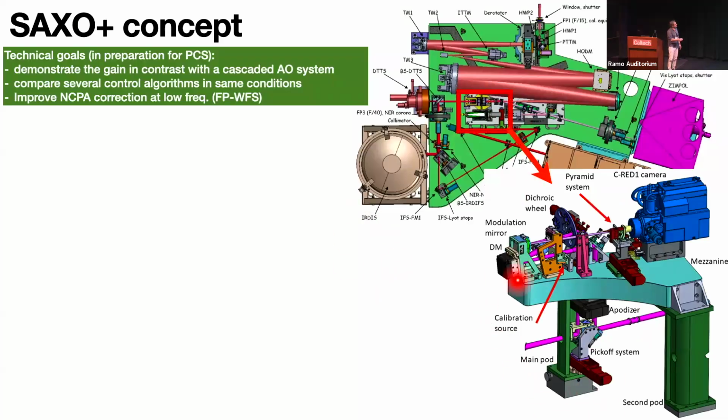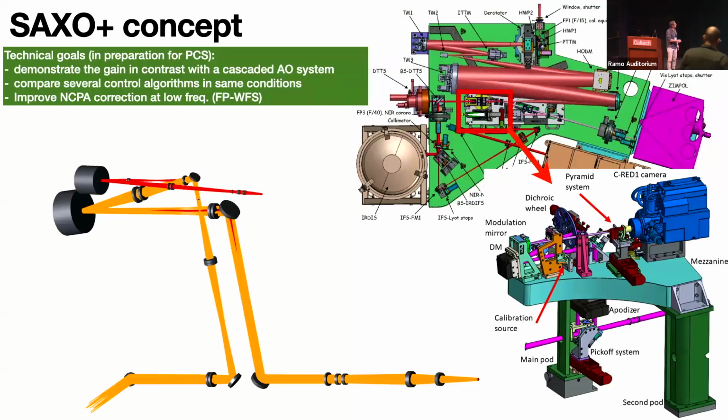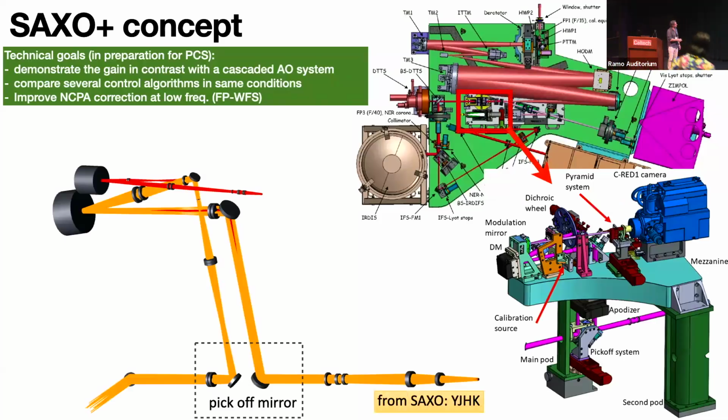This is the optical layout here, the mechanical layout with all the components, the optical system, sorry. So we have a pickoff mirror which is taking the beam from Sphere.